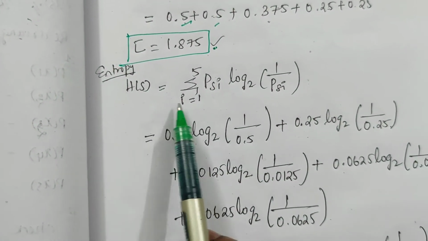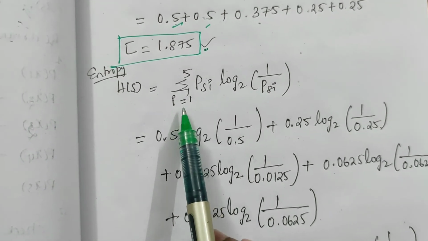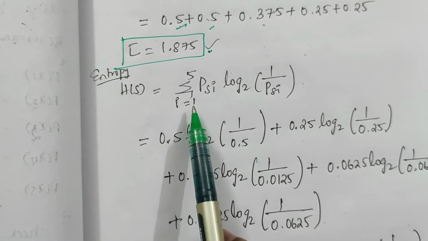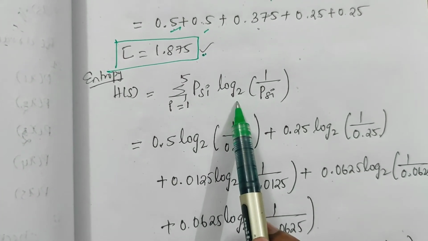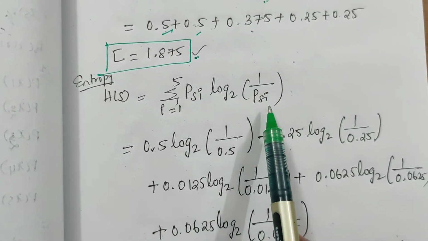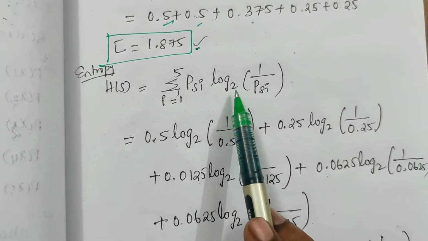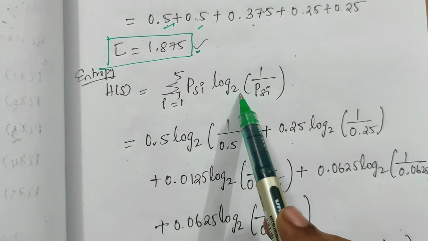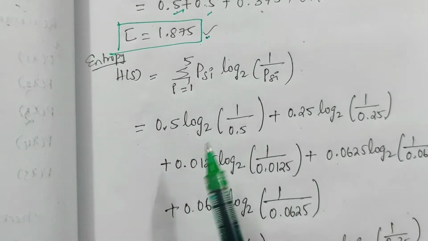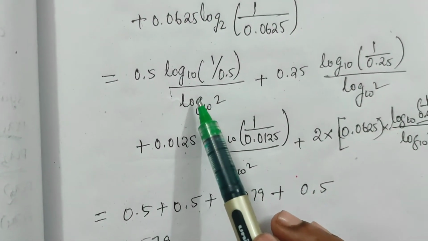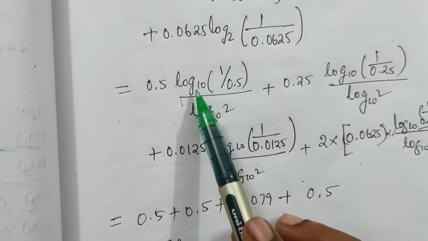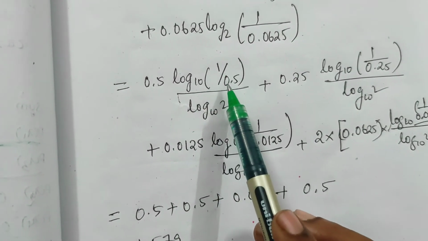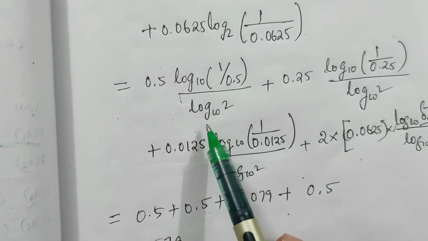The entropy formula is the summation, with i ranging from 1 to the number of symbols, of the probability times the logarithm base 2 of 1 by Pi. You cannot calculate this logarithm directly in the calculator, so you need to follow the formula. Type log base 10 of 1 divided by 0.5, divided by log 2.